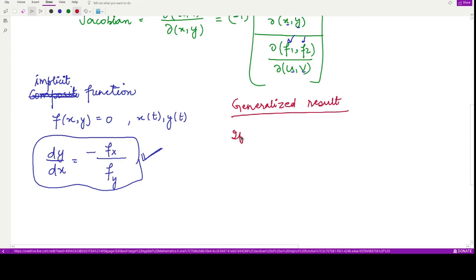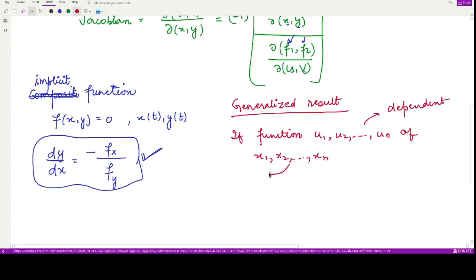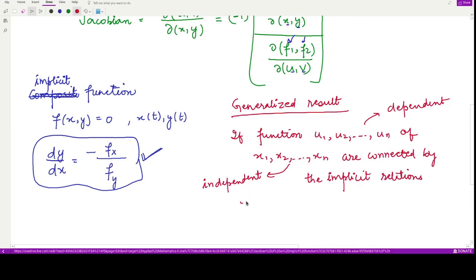If the functions u1, u2 up to un of the variables x1, x2 up to xn, so that means these are dependent variables and these are independent variables, are connected by implicit relations of the form: the first equation is f1 of x1, x2 up to xn, u1, u2 up to un equal to 0.